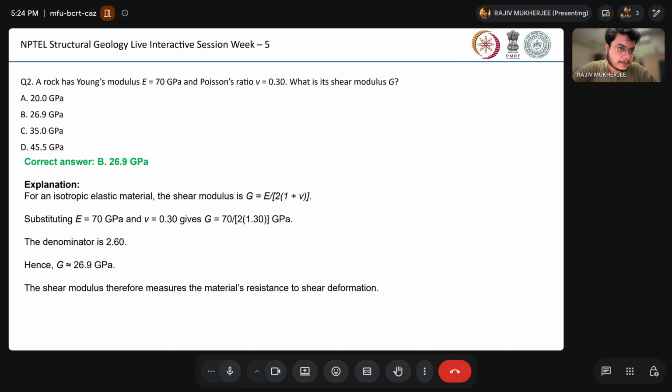The shear modulus therefore measures the material's resistance to shear deformation.